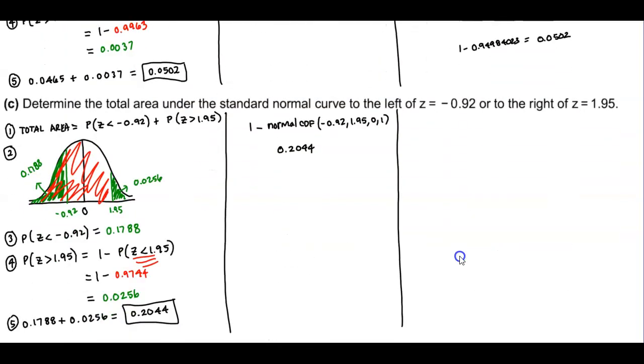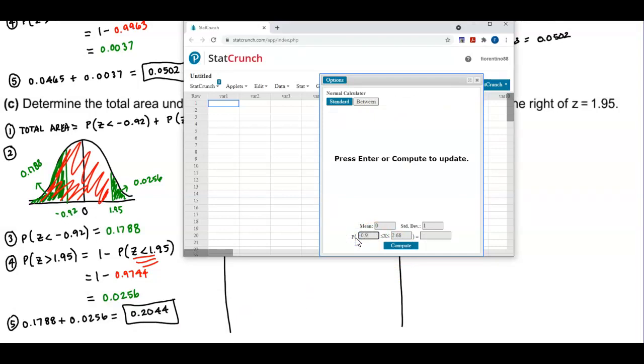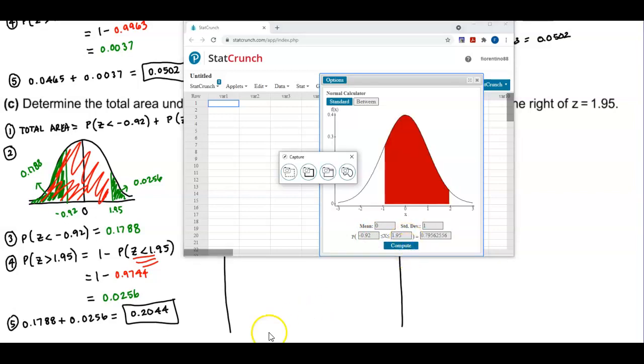And then likewise for the last one here, if we use our normal calculator, we know that our lower number is negative 0.92, and then the upper number is 1.95, and again that gives us that area.